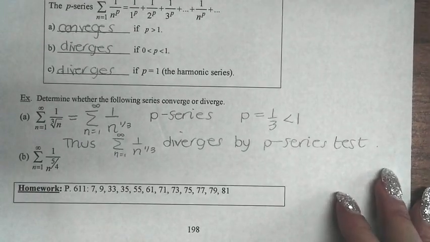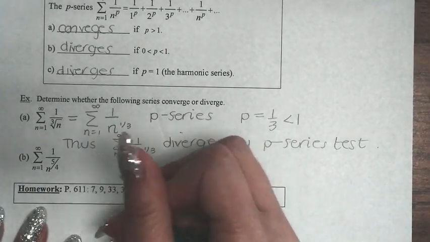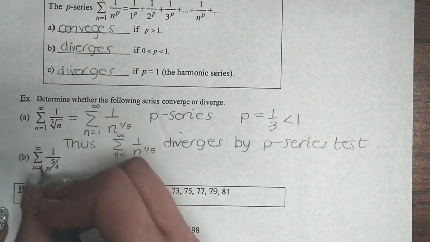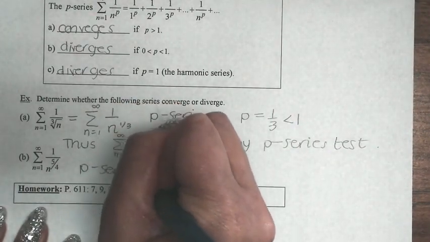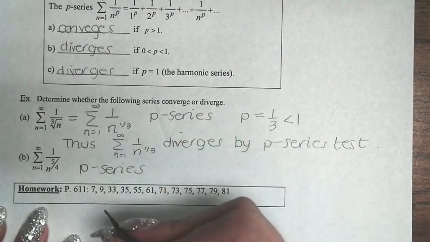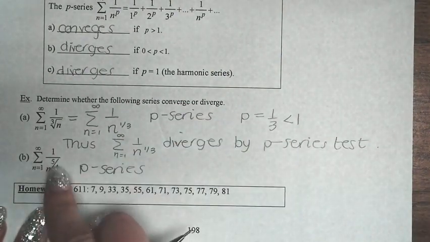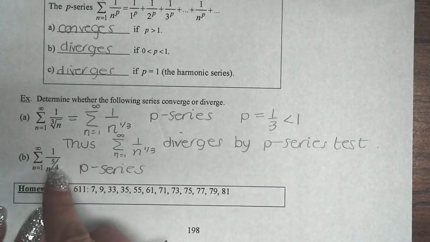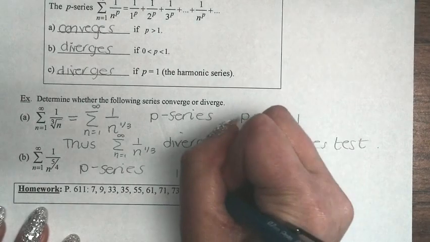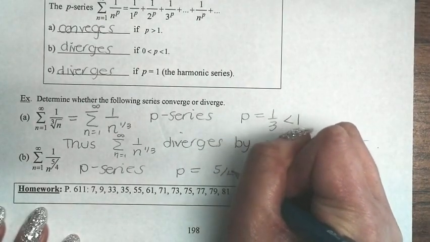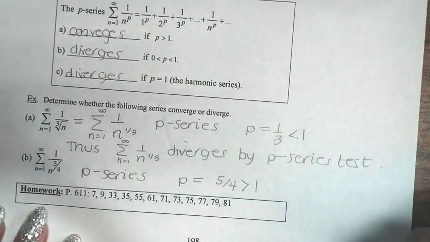Let's look at the last example for today. This one is more clear-cut for my taste. You can spot immediately that it's a p-series because you don't have a square root or any root; it's clear-cut that you have a power of 5 over 4. So p is 5 over 4, which is greater than 1.